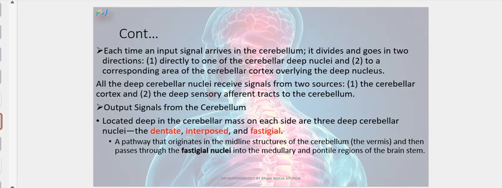As a continuation, it is important to note that each time an input signal arrives in the cerebellum, it divides and goes in two directions: one directly to the cerebellar deep nuclei, and one to the corresponding area of the cerebellar cortex overlying the deep nucleus.